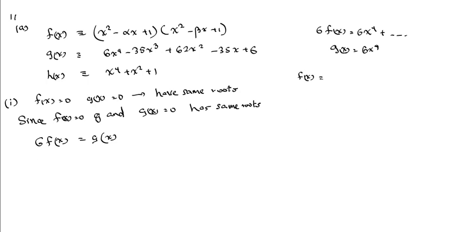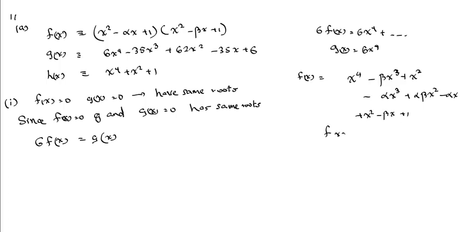Yes, f(x) is x to the power 4, minus beta x to the power 2 plus x to the power 3. Okay, then multiply this by alpha: minus alpha x to the power 3 plus alpha beta x to the power 2 minus alpha x. Multiply everything by 1 plus x squared minus beta x plus x.